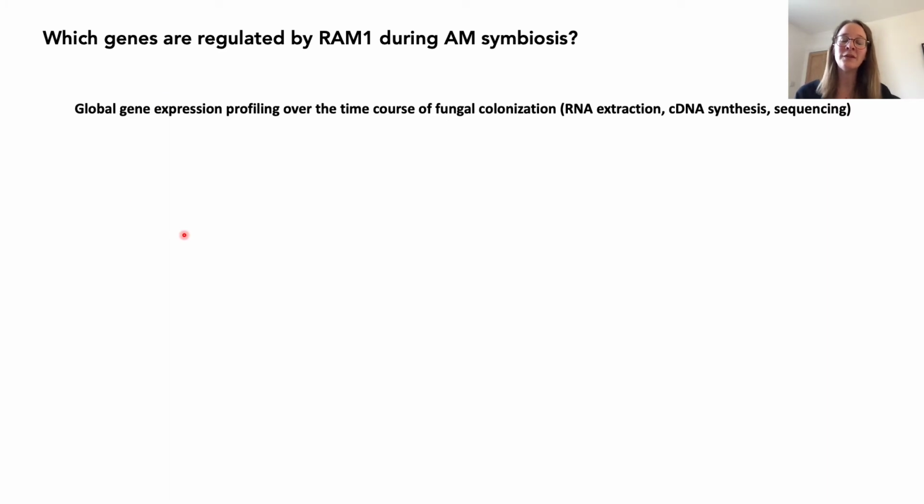That means I looked at gene expression over the time course of fungal colonization. For that, I extracted the RNA, then synthesized the cDNA, and then sent that to sequencing. That's different from what you learn in this course only in the last step, because I'm not doing qPCRs or RT-PCRs to look at just specific genes, but I look at global gene expression. For that, I use next generation sequencing.